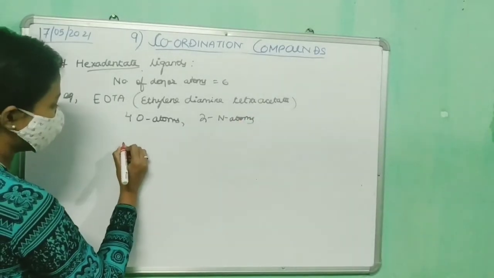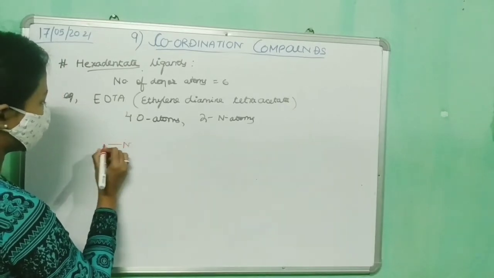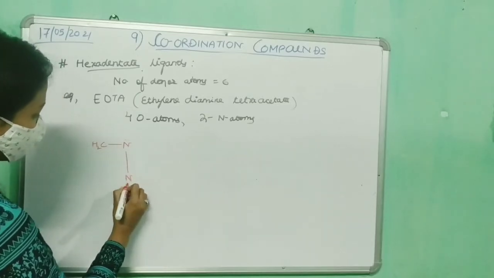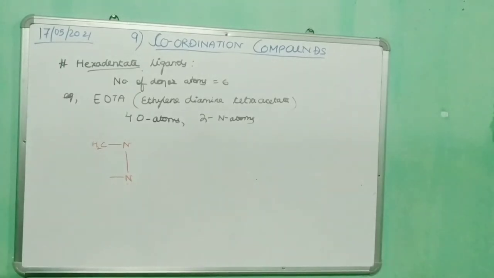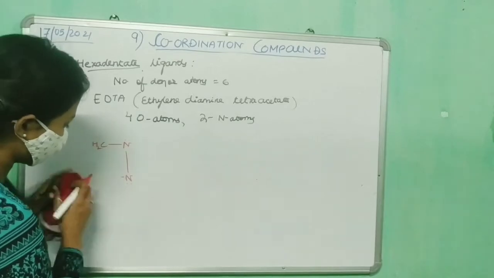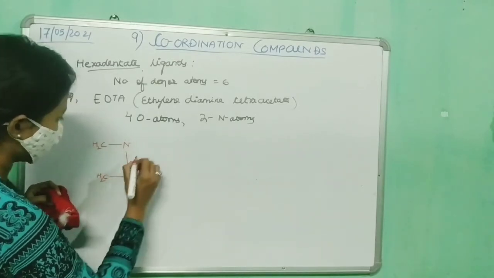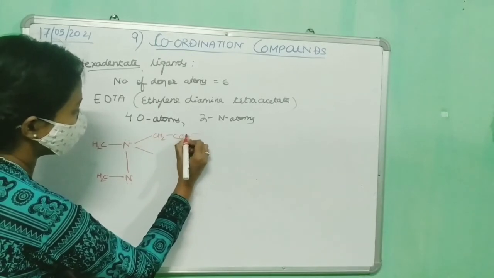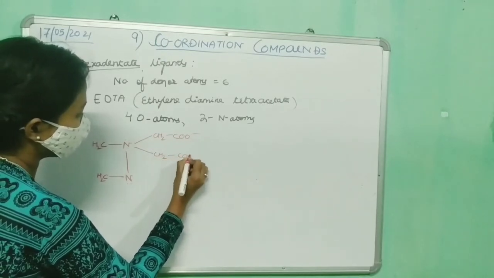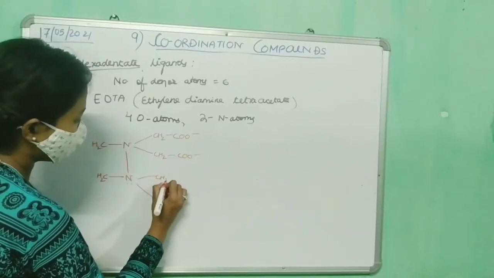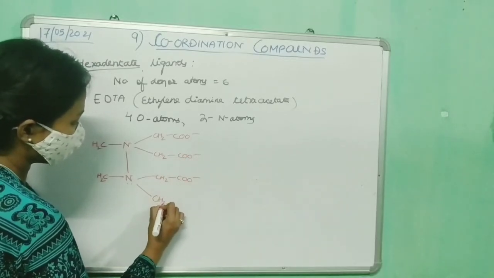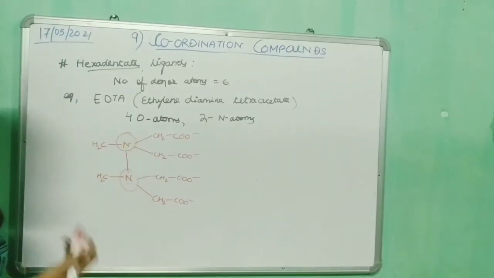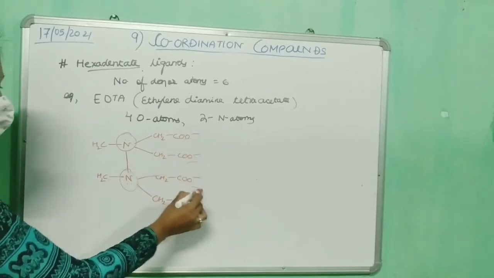So the structure is this. You can clearly see there are 2 nitrogen atoms that can donate to the central metal ion, and similarly there are 4 oxygen atoms.